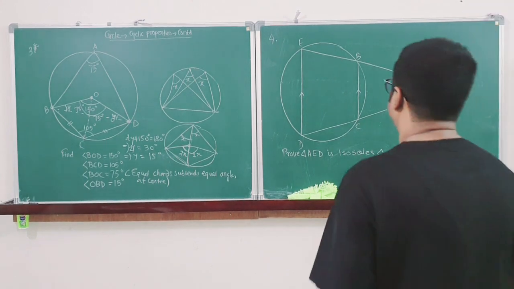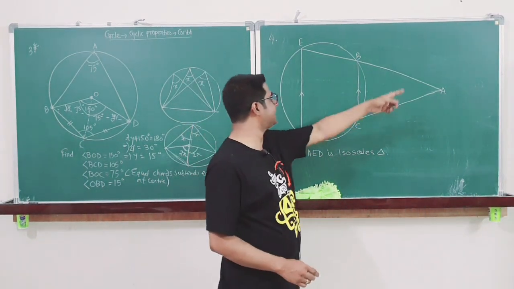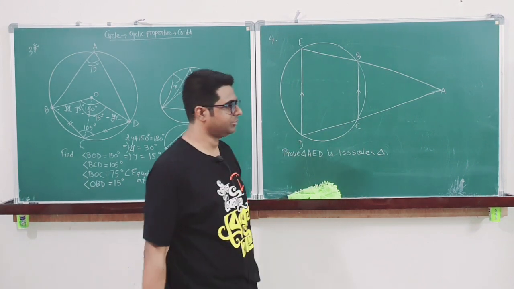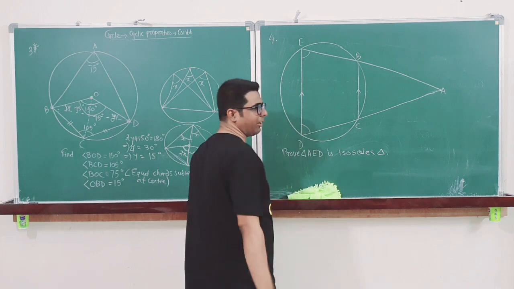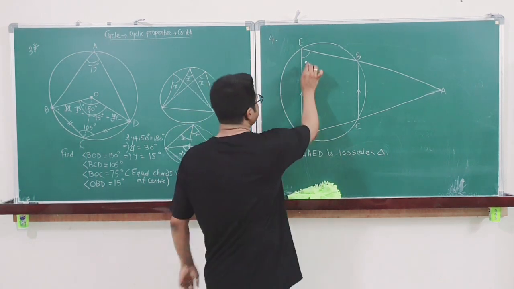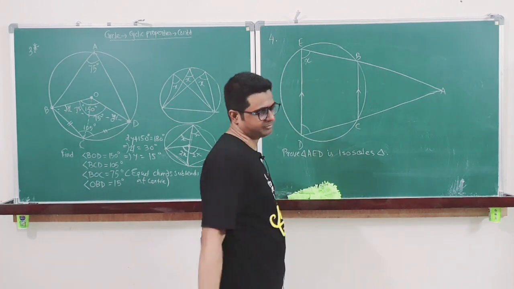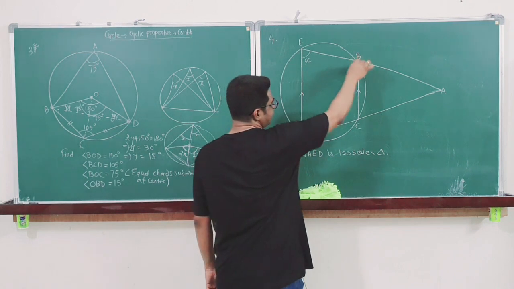Here we have to prove triangle AED is isosceles triangle. So somehow I have to prove this angle and this angle is equal. Then job is done. If this angle is X, this is parallel, right?